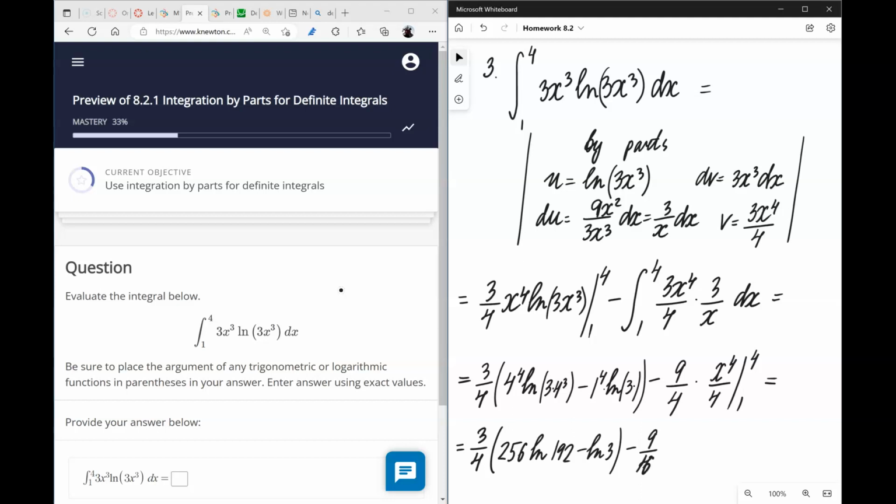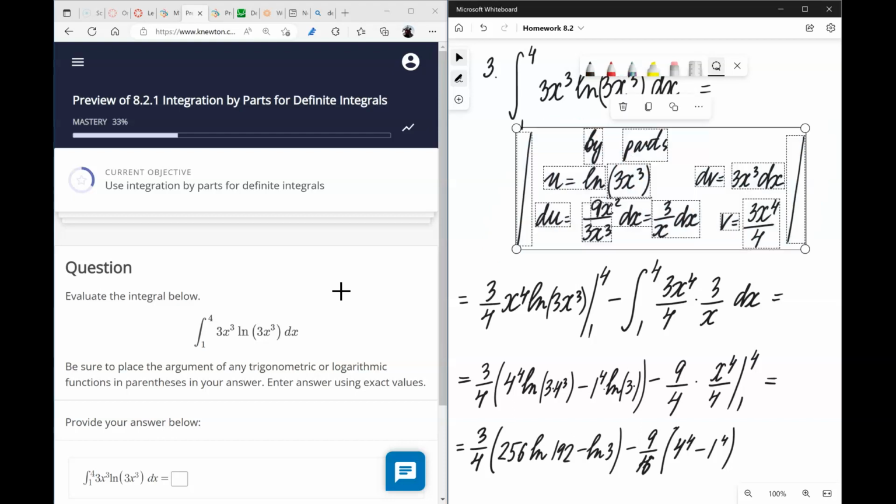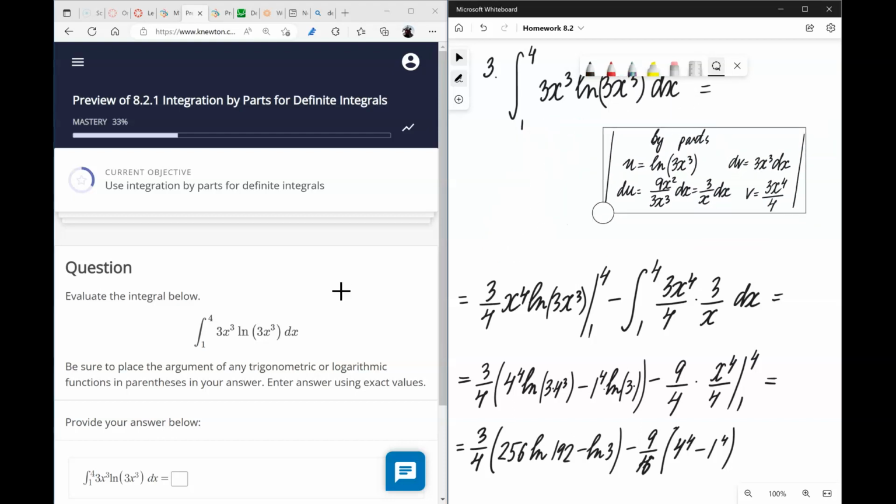So here we have 9 over 16, and we're evaluating at x to the power 4, so we have 4 to the power 4 minus 1 to the power 4. Let's try to simplify it just a little bit. Now that this is not that important, let me make it smaller.